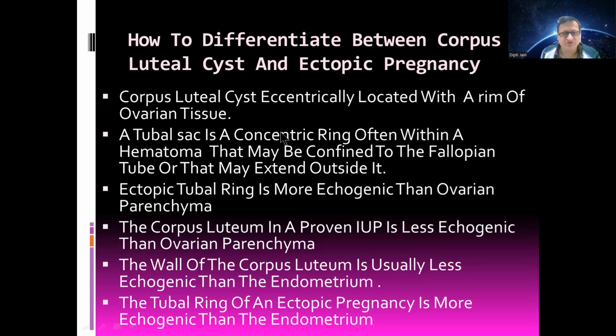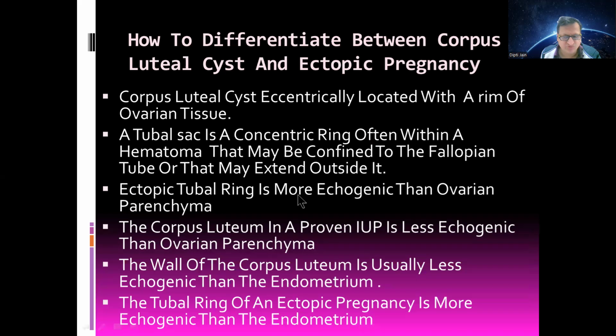Now, how to differentiate between the corpus luteal cyst and the ectopic pregnancy? The corpus luteal cyst is eccentrically located within a rim of ovarian tissue because it is present in the ovary. The tubal sac is a concentric ring, often within a hematoma that may be confined to the fallopian tube or may extend outside it.